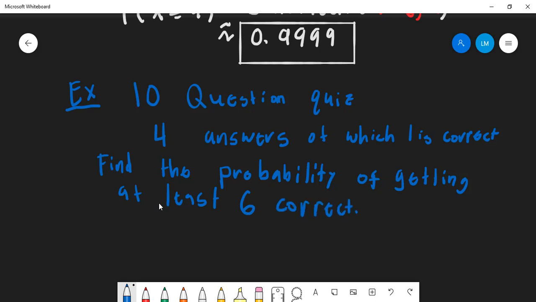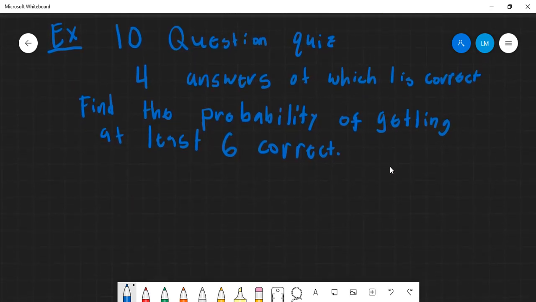This is a classic example because usually it's asked in a statistics course to see, if we were purely guessing on a multiple choice quiz, what is the probability of passing. So this is an example of finding the probability that you're going to pass this quiz if we're just doing some pure guessing.